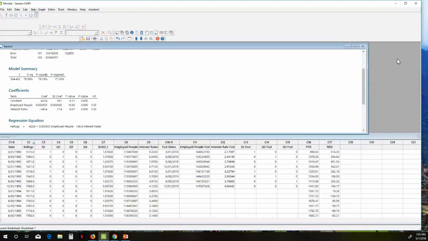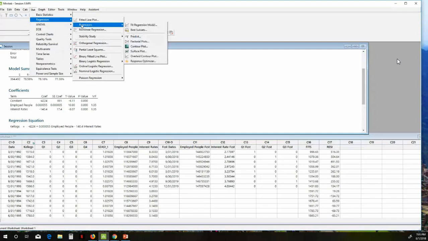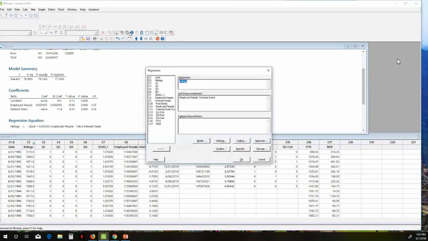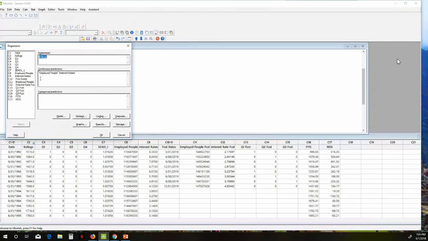Let me show you. Stat, regression, fit regression model. So let's put those dummy variables in. Since they only have 2 values, a 0 or 1, we call them categorical variables. They fall under the name of whatever the variable happens to be. In this case, it's Q1, Q2, and Q3, because I left Q4 out.